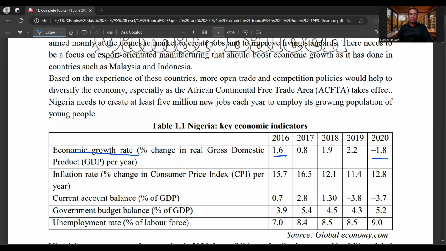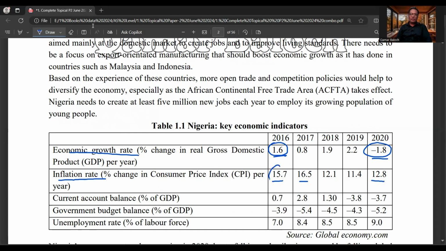It means growth rate is positive in 2016 and eventually moved to negative economic growth. Negative economic growth means a fall in GDP of the country and positive economic growth means a rise in GDP. Inflation rate in percentage is 15.7%, 16.5%, and it moved to 12.8% in 2020.